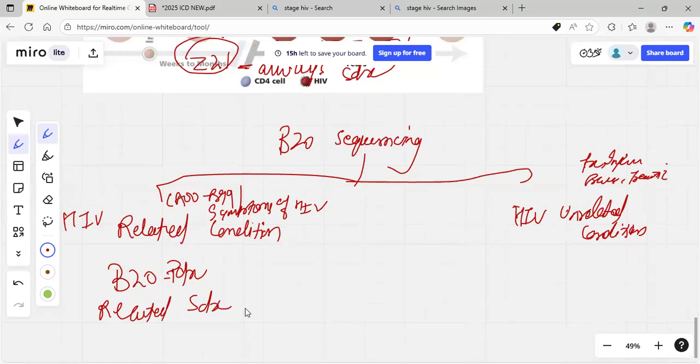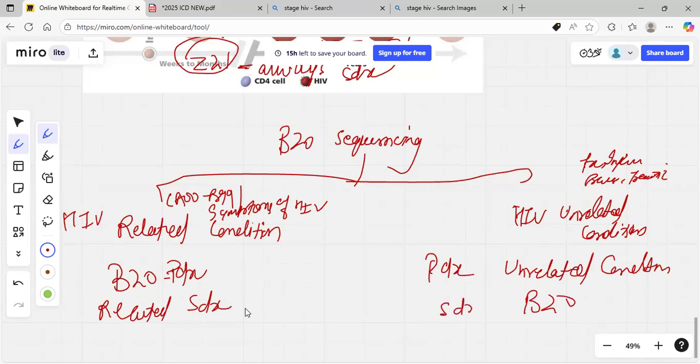And if the patient is coming with an unrelated condition, then you have to code the unrelated condition as primary and your HIV should be secondary.